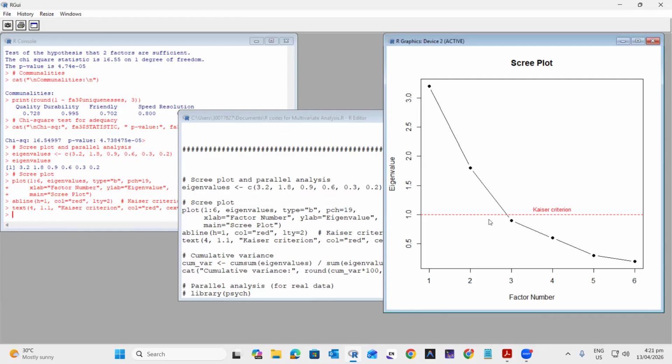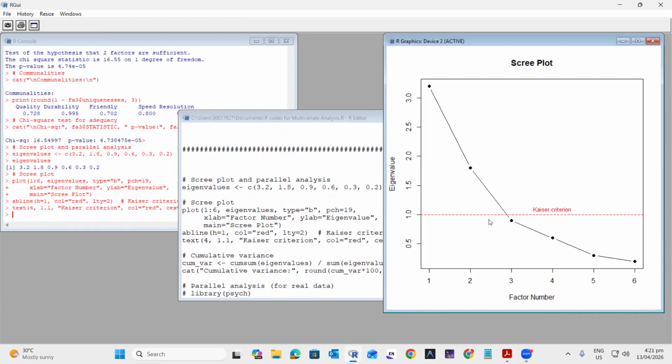Factor 1 has an eigenvalue of approximately 3.2, so it will be retained, meaning it accounts for 3.2 times the variance of one original variable. Factor 2 has an eigenvalue of approximately 1.8, so it will also be retained.